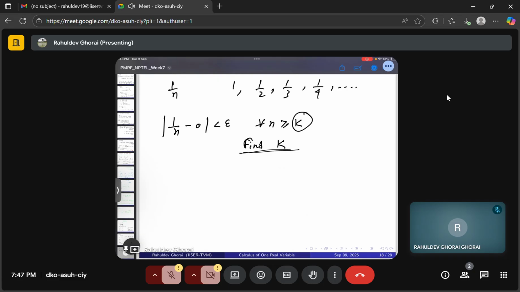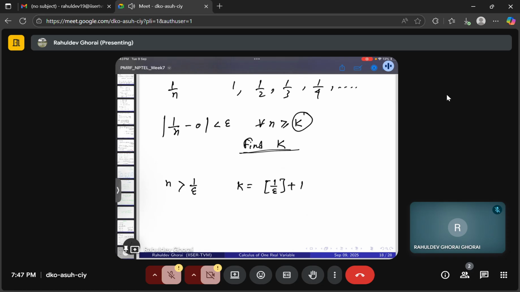What you do, n, if you take greater than 1 by epsilon, where k is, let's say, 1 by epsilon plus 1, right? Then what happens?